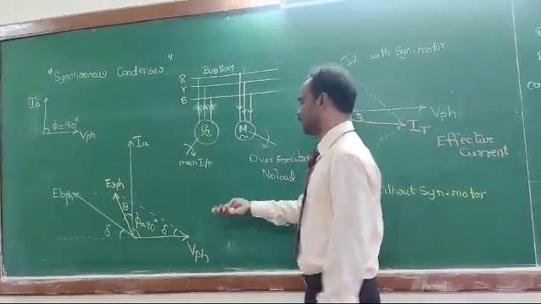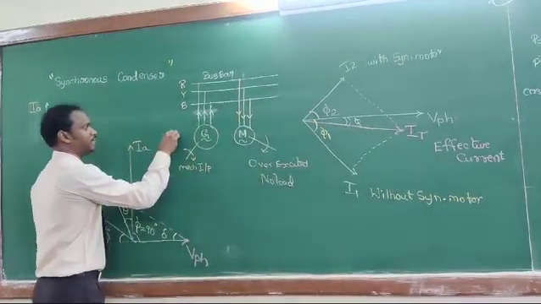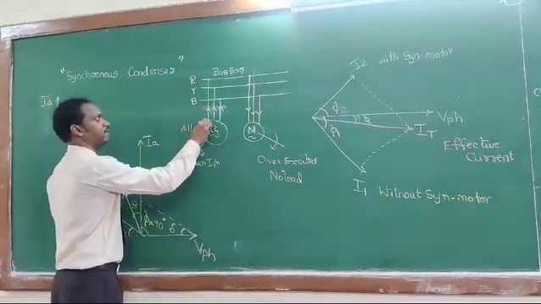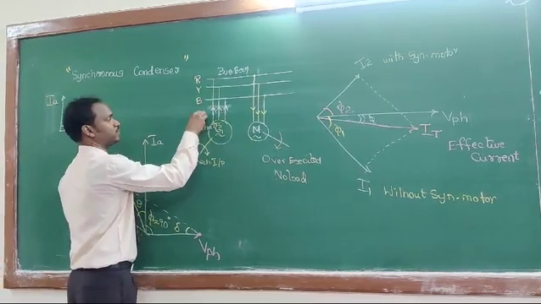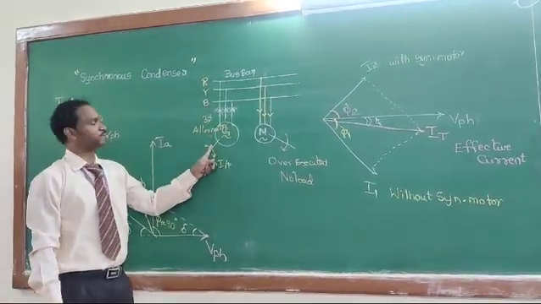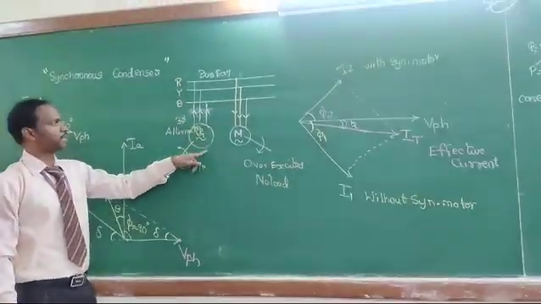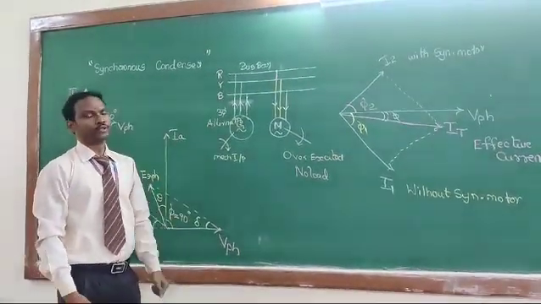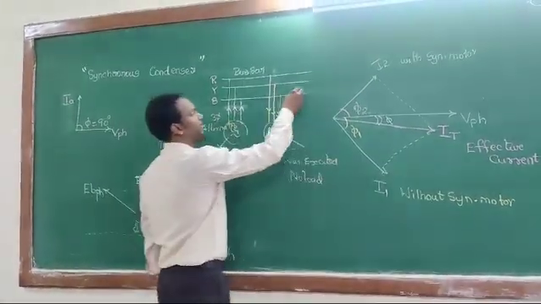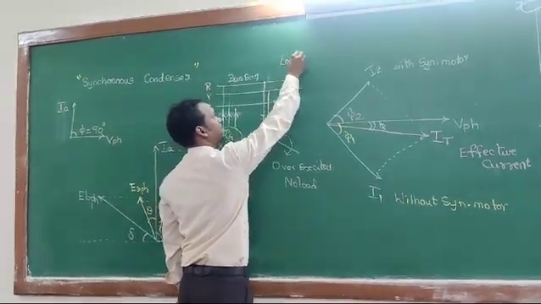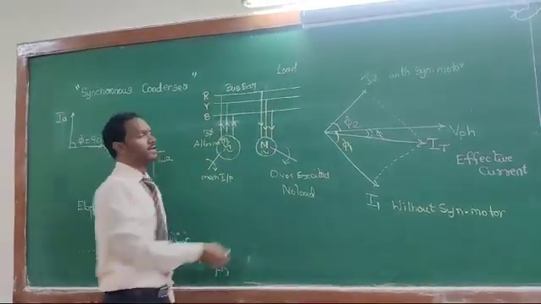Okay. So now we are going to see a bus bar, in which we are connecting an alternator. The alternator will generate a 3-phase power supply, and from the generator the power will be given to the bus bar. The load connected here will mostly be an inductive load.